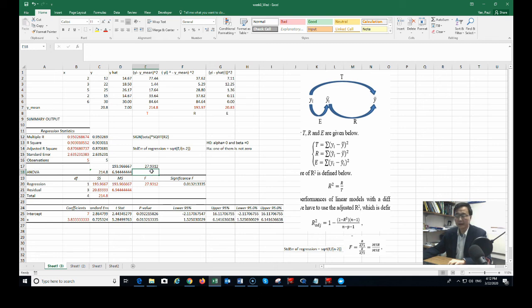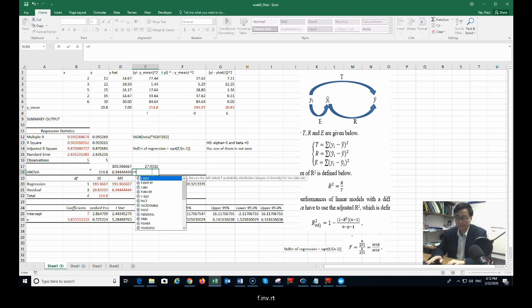And so you can use a decision rule. We compare the F value with the F critical value. If the F value is higher than the F critical value, we reject. So we compare this with F inverse, the right tail.